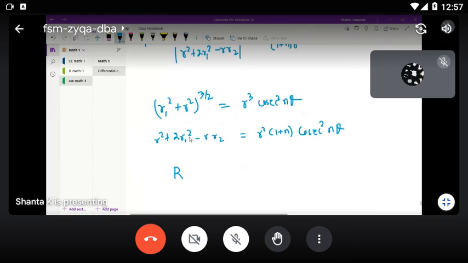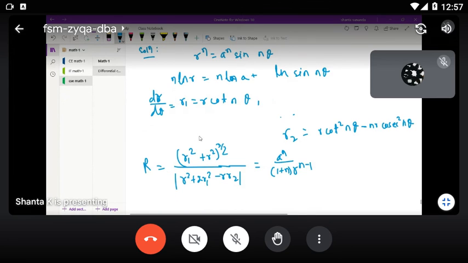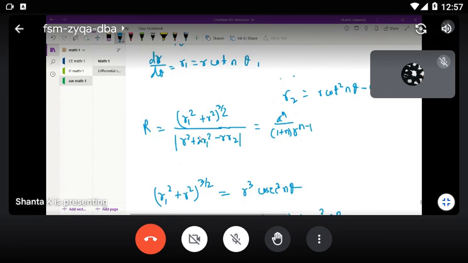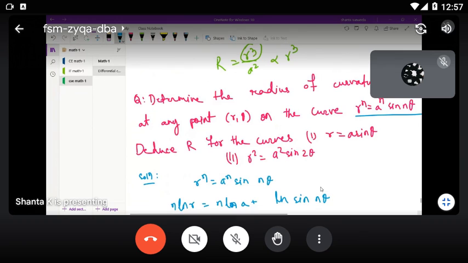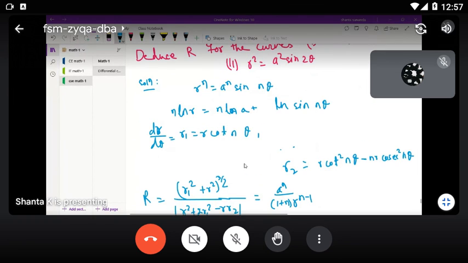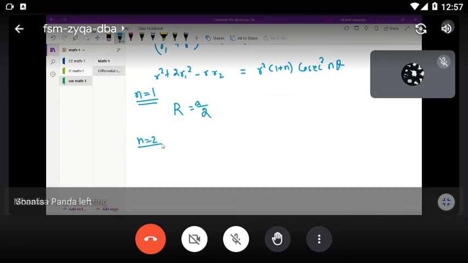So you have these values. Now R value also you have. So for n equals 1, R will be a by 2. Let's put in the question. If you put n equals 1, you will be getting this, and for n equals 2, you will be getting this. So you will have a standard form, so directly we will be putting these values here.